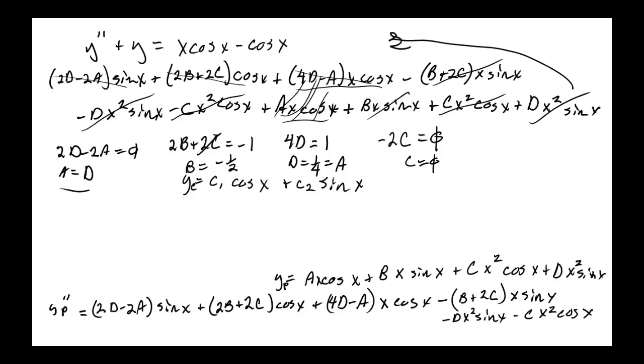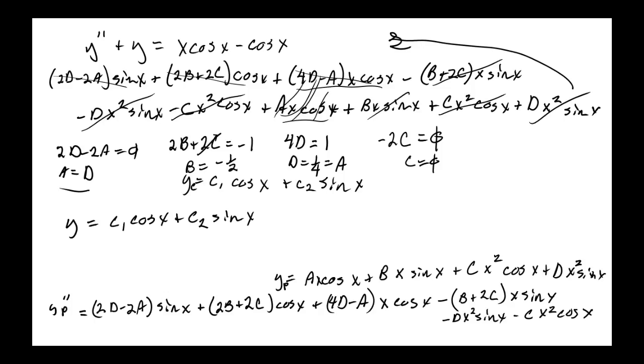So, what is our final solution? Y is equal to the complementary solution part, C1 cosine x plus C2 sine x, plus a particular solution.